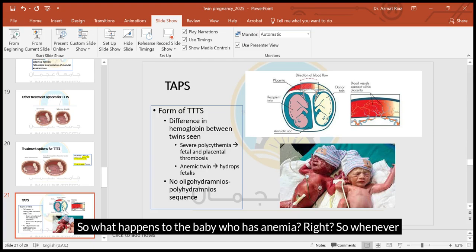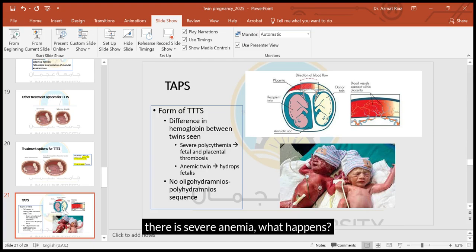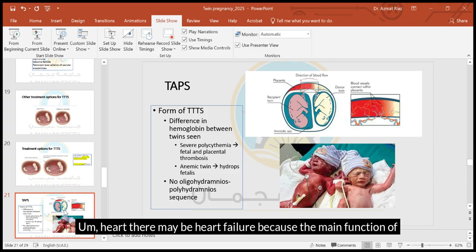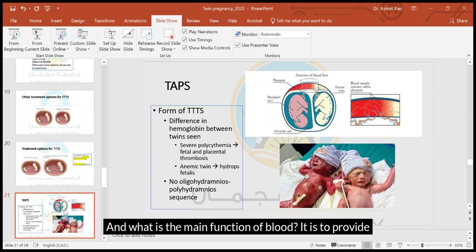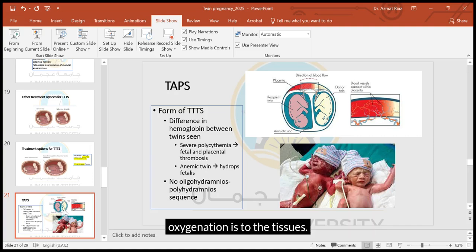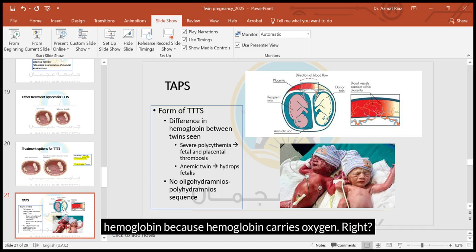So what happens to the baby who has anemia? Whenever there is severe anemia, there may be heart failure, because the main function of the heart is to pump blood. And what is the main function of blood? It is to provide oxygenation to the tissues. Hemoglobin carries oxygen, right?